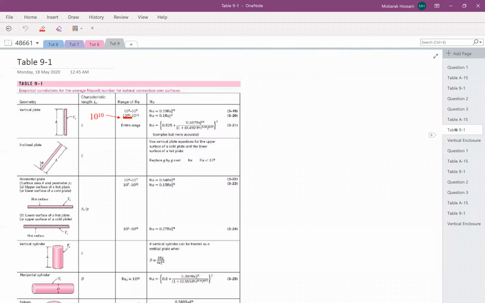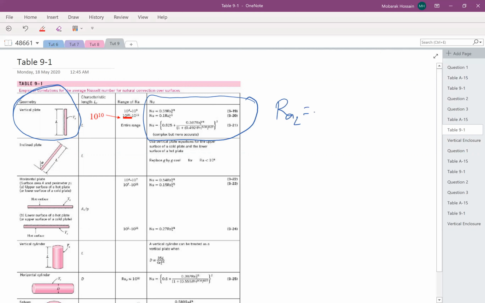Now from the table here, our problem is related to a vertical plate, and there is a formula given for the Nusselt number. Our value is 2.7 times 10 to the power 9. This falls in the range of the second equation, for 10 to the power 4 to 10 to the power 9, and the next one is 10 to the power 10 to 10 to the power 13.